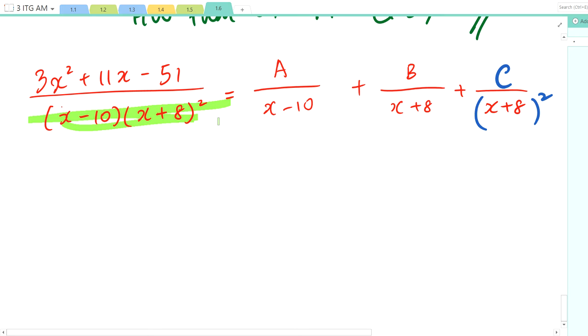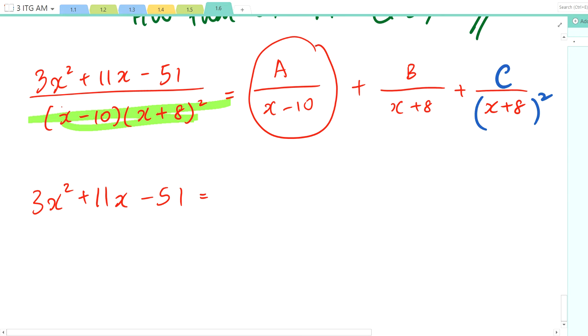Everything. On the left, on the right, we multiply by the highlighted portion so that on the left hand side, what am I left with? 3x squared plus 11x minus 51. And on the right hand side, I'm going to skip steps, and this is what I expect you to be able to do as well. I'm going to multiply this by the green highlighted part. What am I left with?